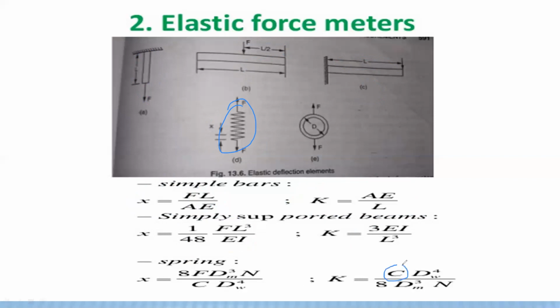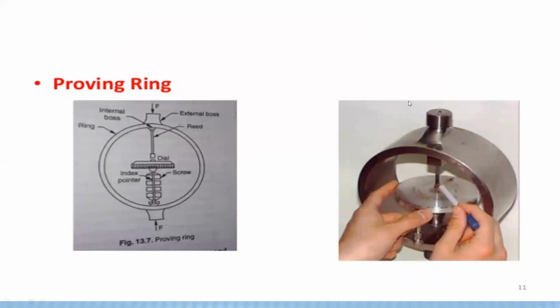C is the shear modulus, dw is the wire diameter, N is the number of turns of the coil, and Dm is the mean coil diameter. These are the different terms of the elastic force meter.